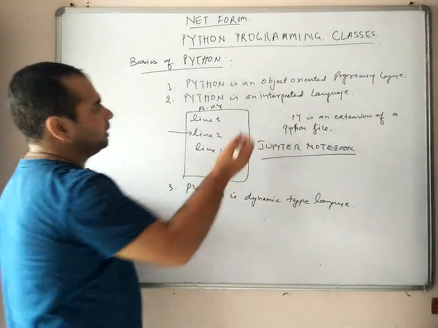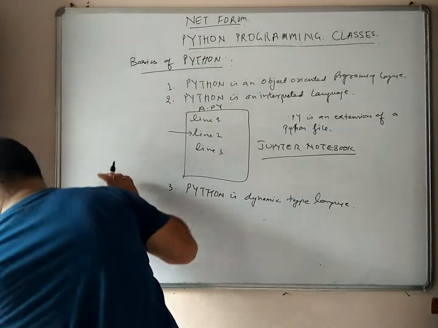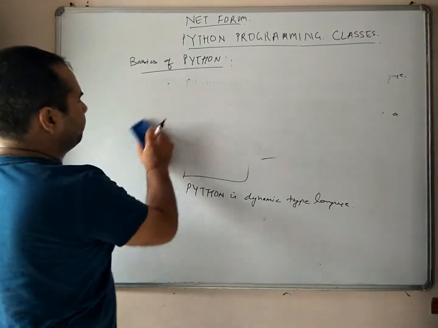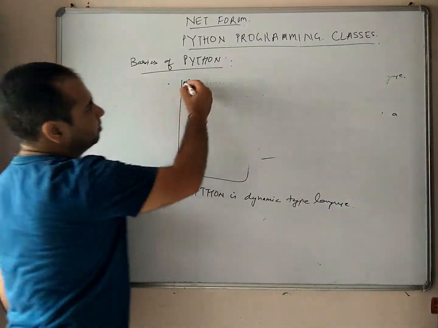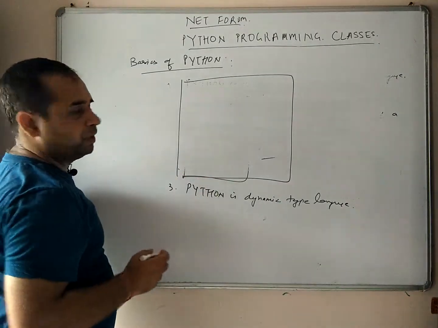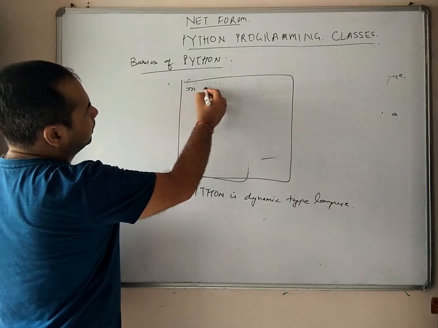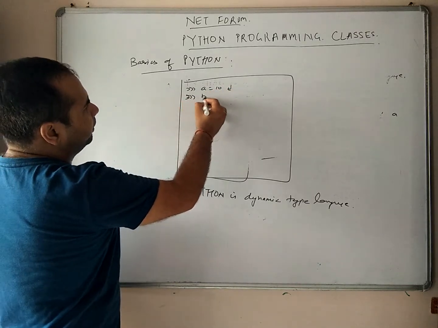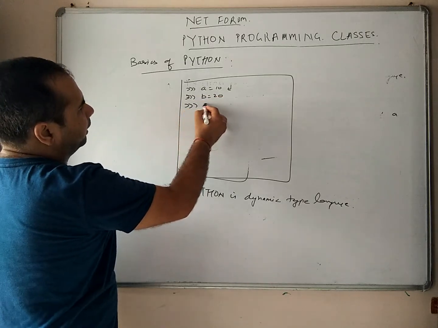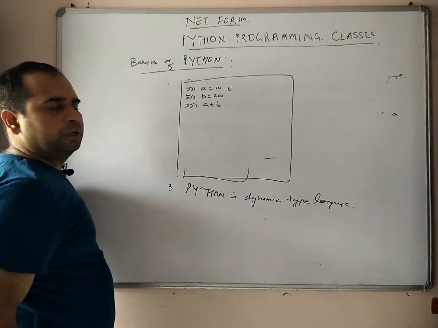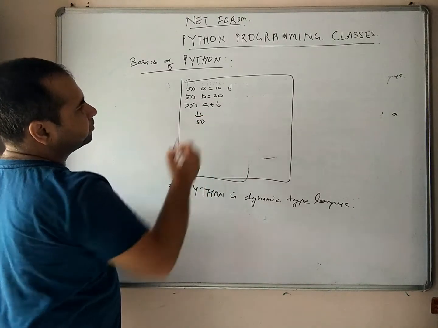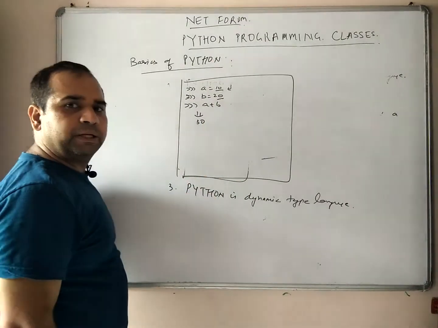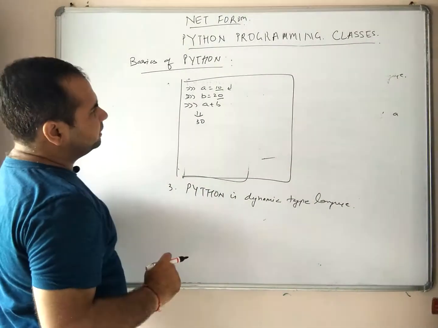We can write it, but dynamic typing means, suppose this is our IDE where we are working, and we write a equal to 10, and we press enter, b equal to 20, and we write a plus b, then we get the result 30. So here the values are dynamically typed, but there is a difference.